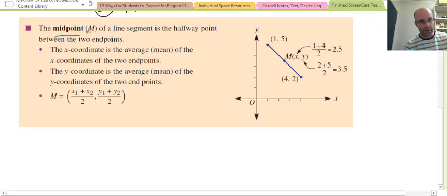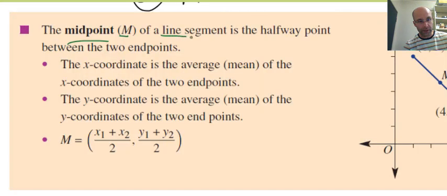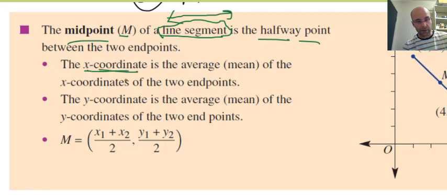So the midpoint, which is sometimes called M, of a line segment. Now a line segment is a line that doesn't go forever, because did you know that a line actually goes forever? A proper line does, but a line segment has a start and an end. So the midpoint of a line segment is the halfway point between the two endpoints. You've got to look at it in the x coordinates, which is across, and the y coordinates.